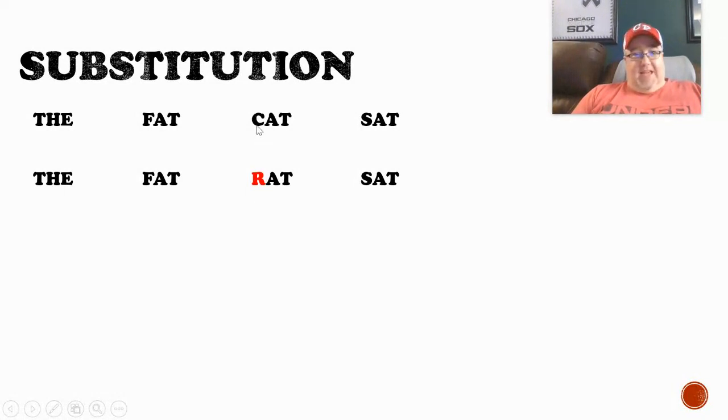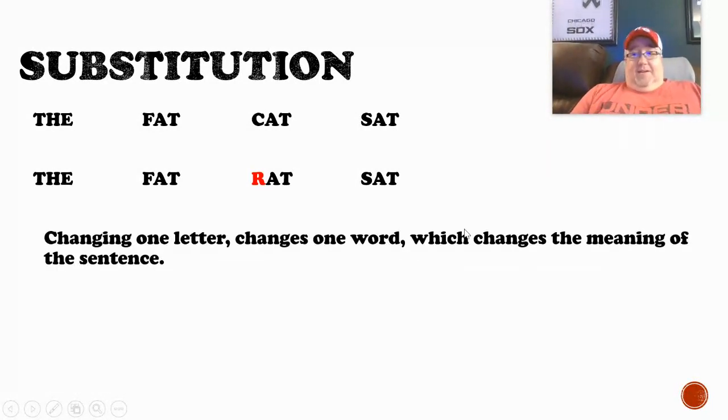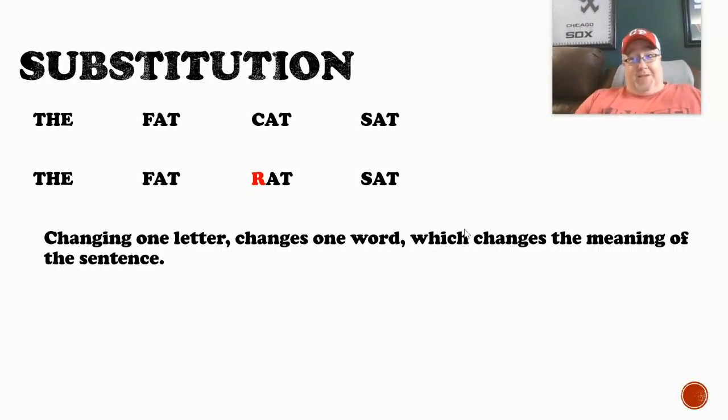So instead of a C, we're going to substitute it with an R. So we're just changing one letter in the sentence. And that changes the whole meaning of the sentence. So now visualize in your head a fat rat sitting. I mean, it changes the meaning of the sentence.